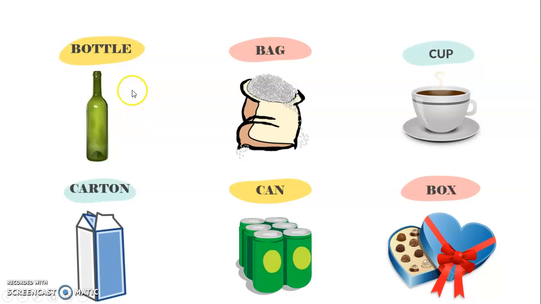You are referring to a specific amount of water, but you are using a food container. Another example is a cup of coffee. You cannot pluralize coffee. You cannot say, I have 2 coffees, but you can use a food container to refer to a specific amount of an uncountable noun.